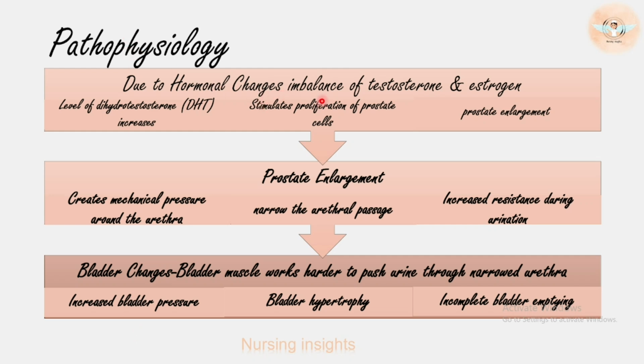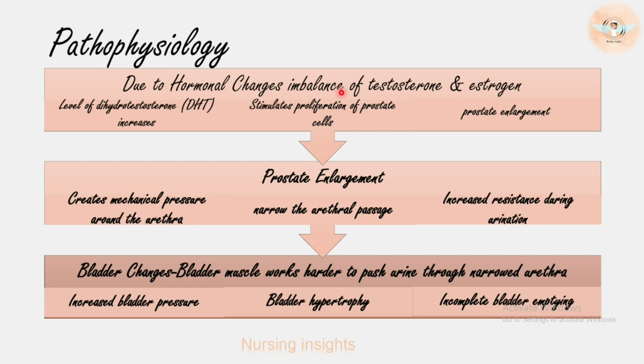Due to hormone changes and imbalance of testosterone and estrogen, the level of dihydrotestosterone increases. What is this hormone? It is normally produced in men's bodies in order to stimulate the prostate cells, which produce the seminal fluid. So this is normal in men.